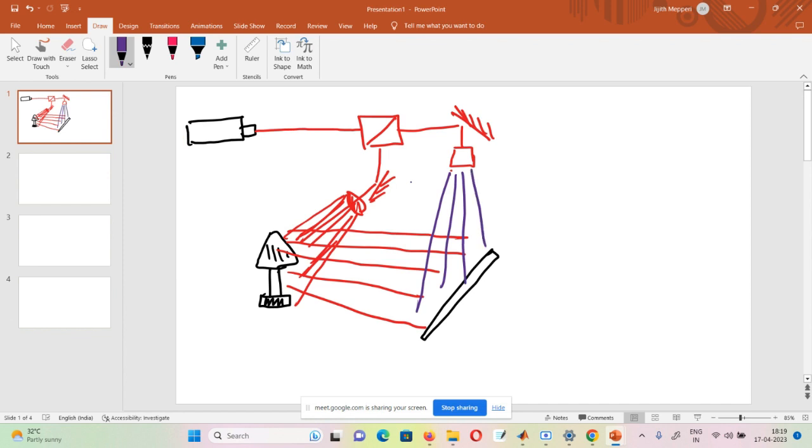What you get here is an interference pattern between the light coming from the sample and the reference. So actually what you get is a diffraction pattern. It is not an original image.